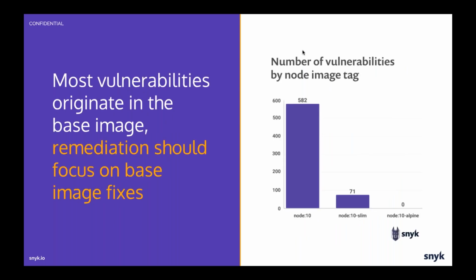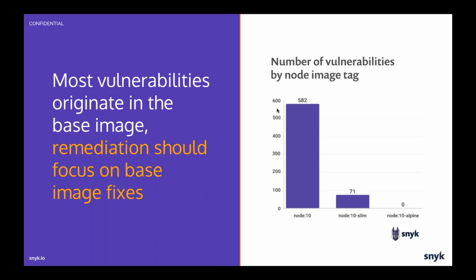Most vulnerabilities originate in the base image. Just for those who are not familiar, I'll show it later on, but in general a Docker image has various layers. The base image is what you're building on top of, and then the different layers that you're adding to it.